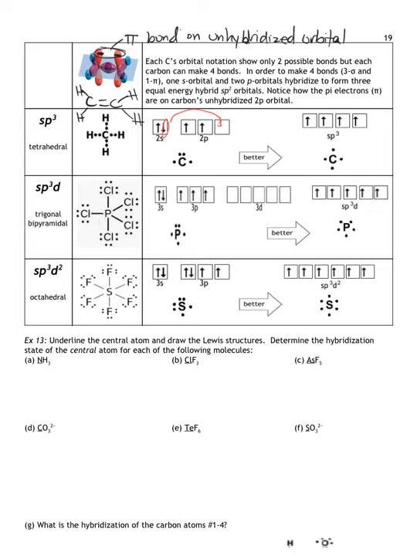So one of the electrons will jump over to this empty D location, and thus we have one S, three P's, and one D. So sp3d. And remember, if there's no number, it means it's 1.